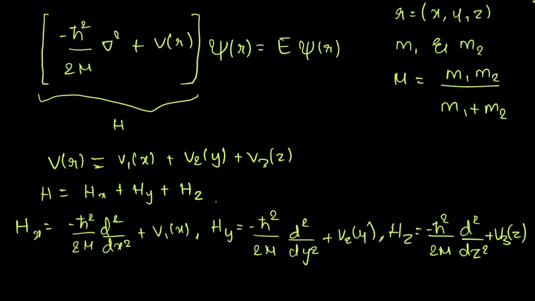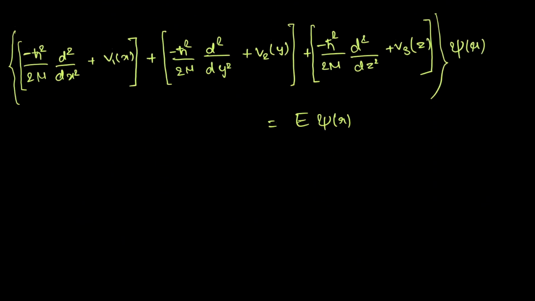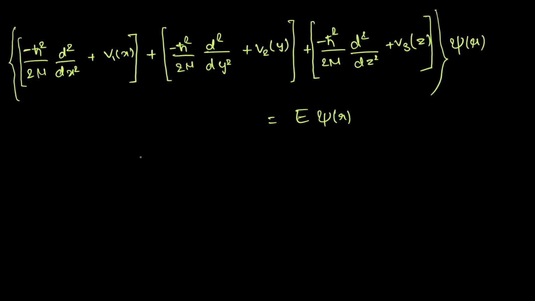Substituting the value of Hx plus Hy plus Hz in the Schrodinger equation, we get an equation like this. We seek solutions which are products of three functions, each of a single variable. That is, psi of r is the product of three functions, X of x, Y of y, and Z of z.